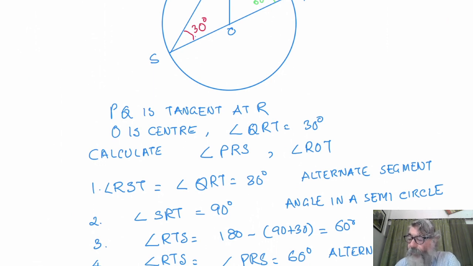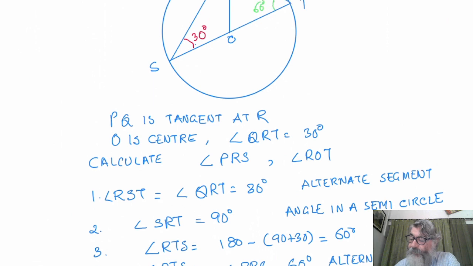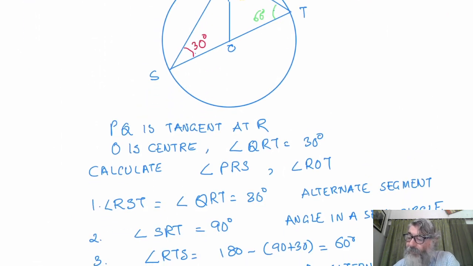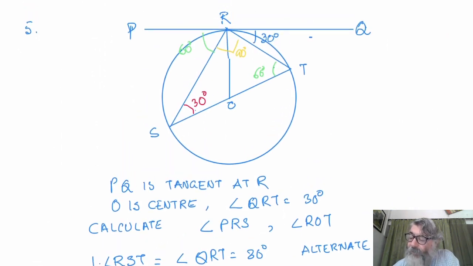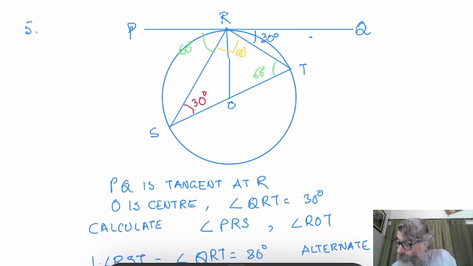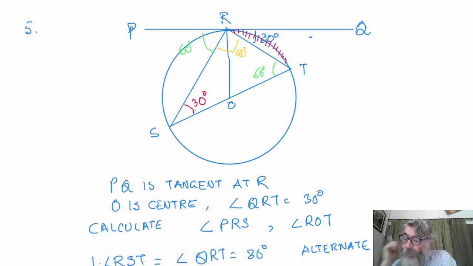Now he wants angle ROT. Angle ROT is the angle made by an arc RT. Let me hash it with red color so that it's visible to you. RT is an arc. This arc RT makes an angle ROT at the center and RST at the circumference.